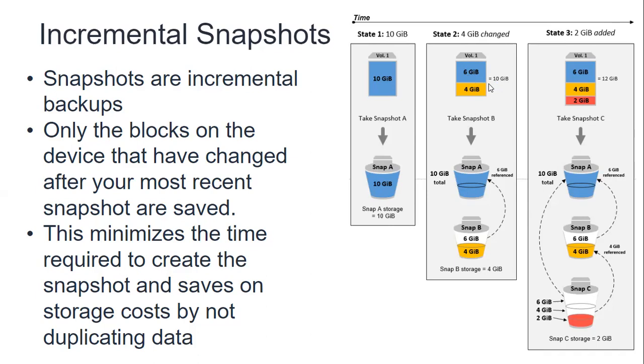Out of the 10 gig, it could mean that we had a file of 4 gig, and we made some updates, so the data in the file itself has changed. So we have 4 gig of data change. When we take our second snapshot, the second snapshot is only going to have 4 gig of data, and reference the 6 gig of data that did not change.